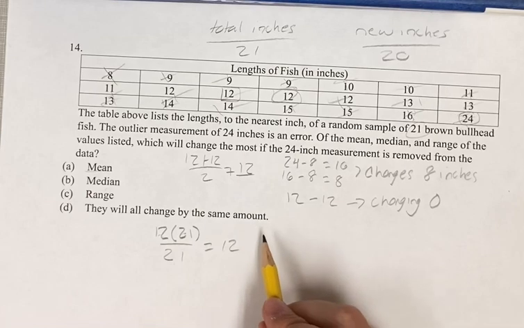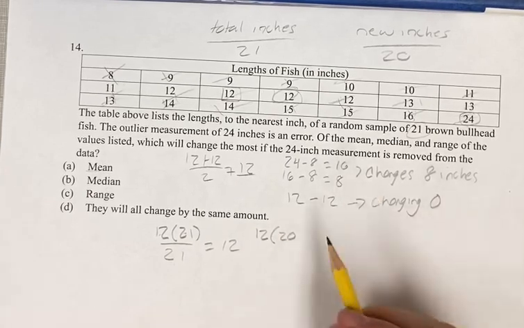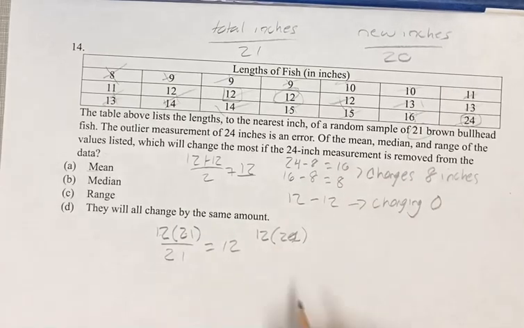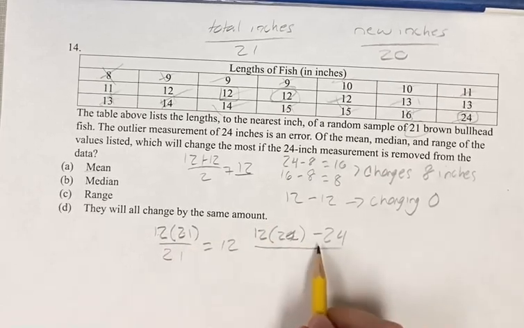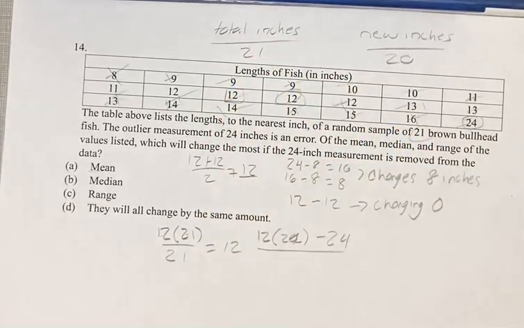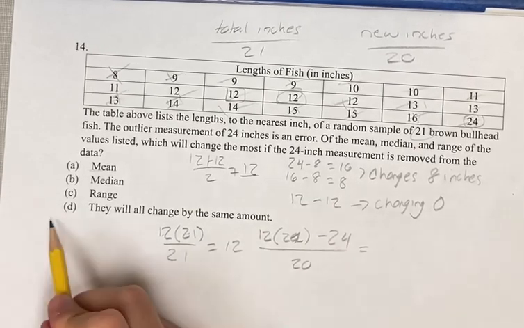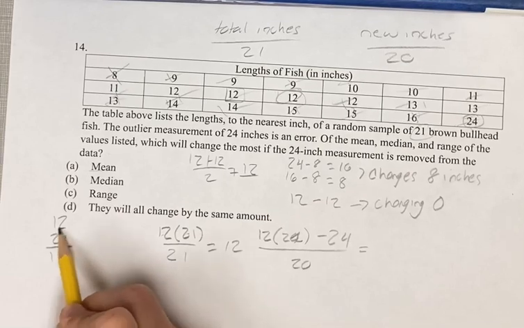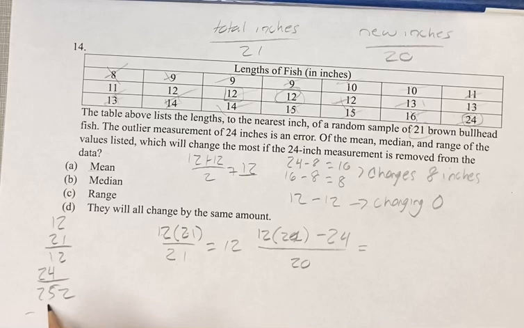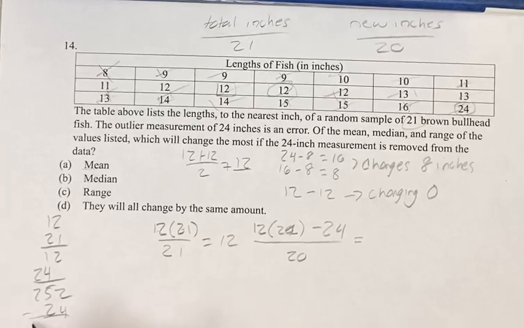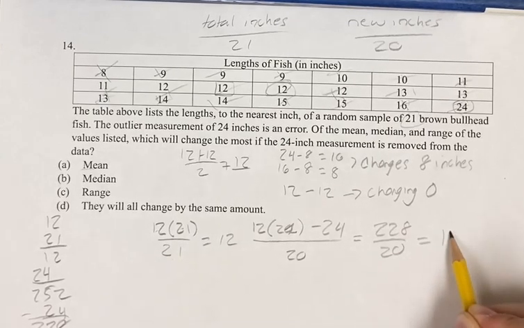Now, if you say, okay, let's say the rest of them, 12 times 21 minus 24, again, so this is the previous number of total inches minus 24 to get your new inches over 20, then we have 12 times 21, doing the multiplication here, is 252 minus 24, it's going to give you 228 over 20, which is going to be 11.4.